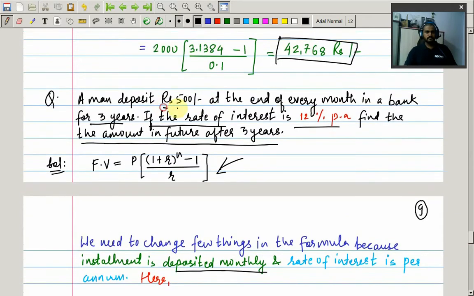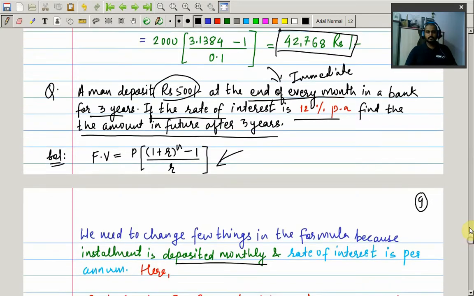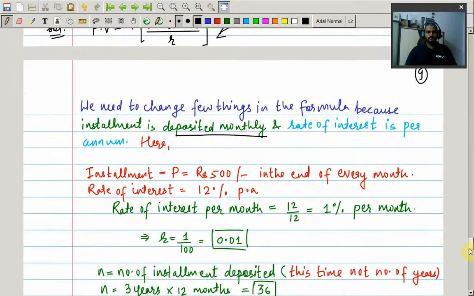So this 500 rupees is deposited at the end of every month. This is the example of an immediate annuity. And what is done here, the installment is deposited monthly. So let's convert it to month wise.